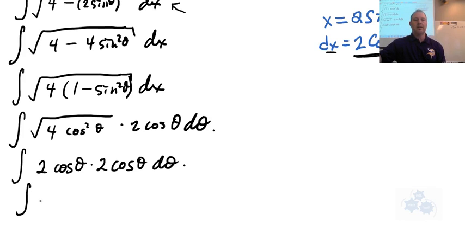So simplifying this again, we have 4, and you can bring that 4 out front. That 2 times 2 is 4. It's a constant, bring it out. Now this is going to be cos squared theta d theta. All right. Now that looks a little bit better than the square root of 4 minus x squared.